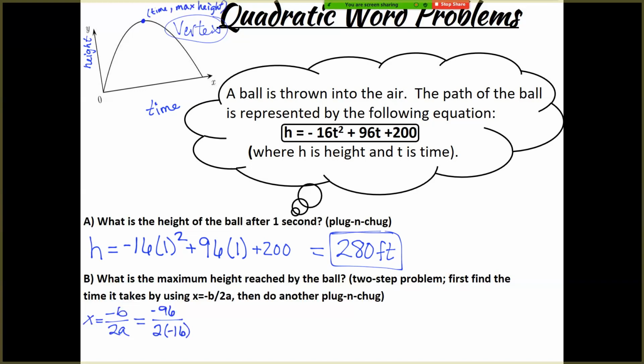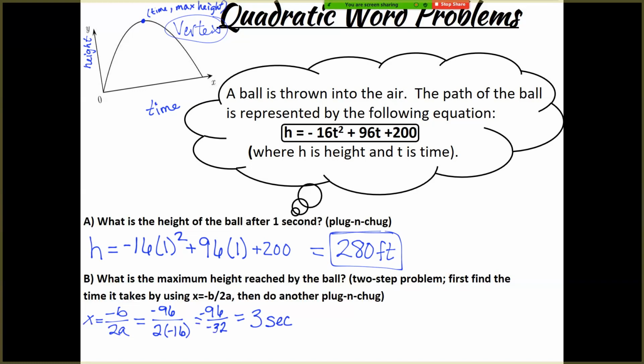So negative 96 divided by negative 32 gives us 3. That means at 3 seconds, the ball is at the maximum height.